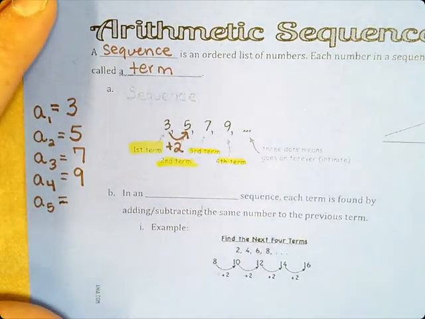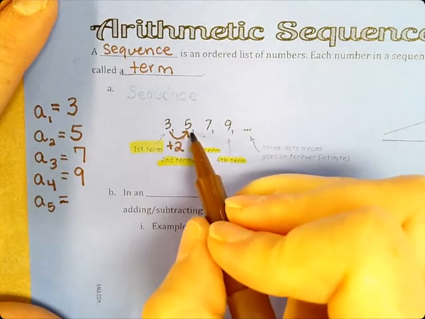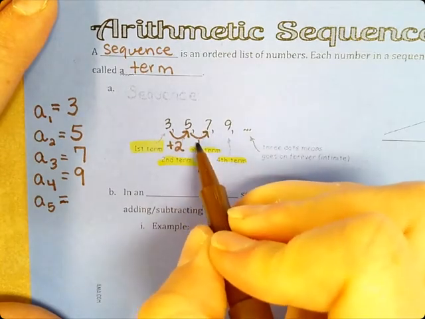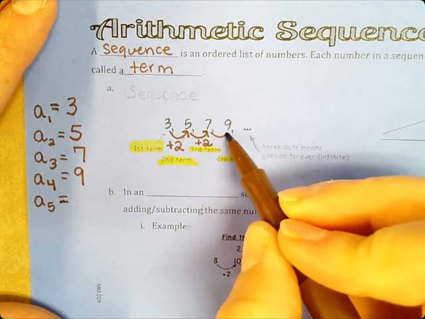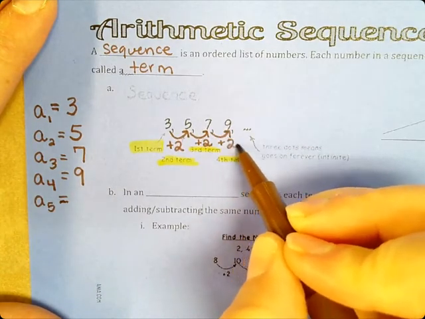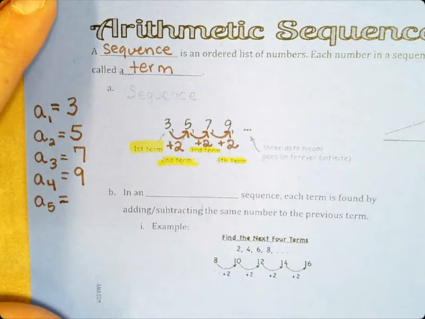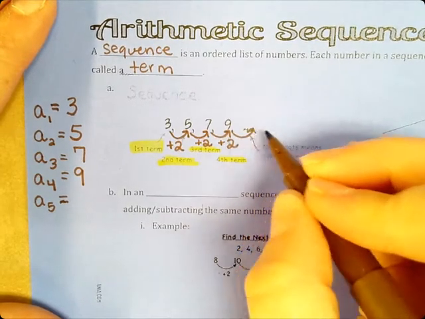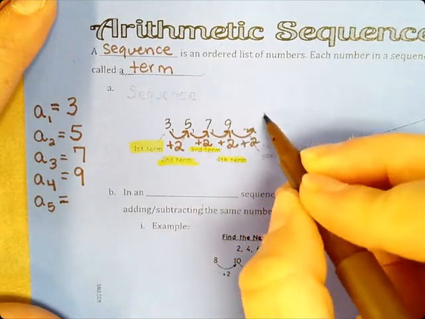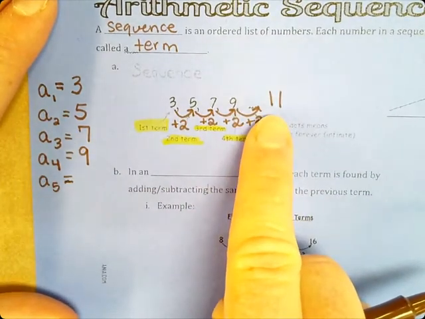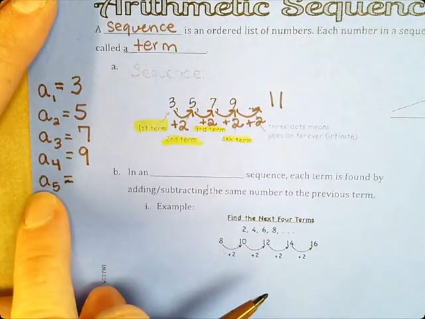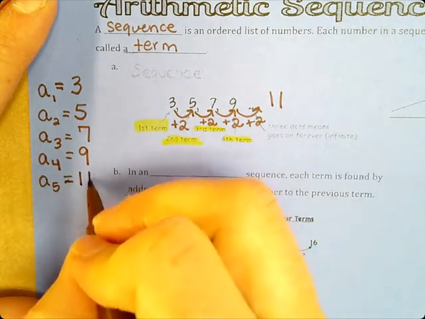Which these do come out to be the odd numbers. 5 to 7, plus 2. 7 to 9, plus 2. So to find the next term, just going to add 2. It's 11. So 11 is the next term. So I'm going to put it down here. A5 is 11.